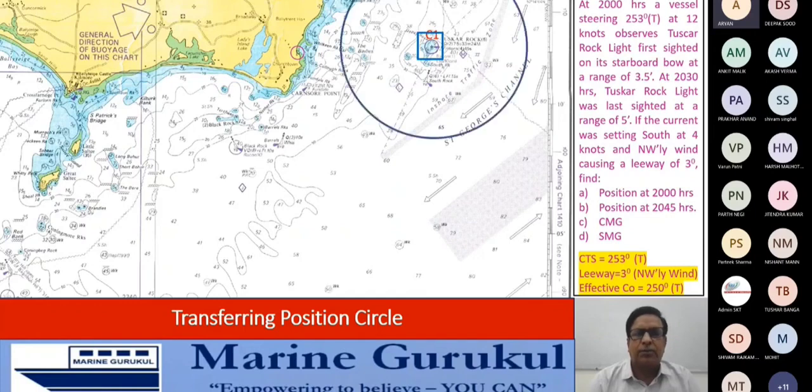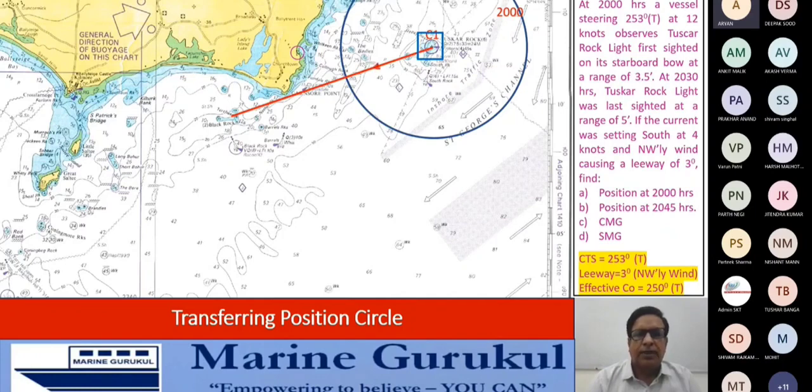We draw this position circle, the blue one. This is the position circle at 2000 hours. Now we have to run this circle up by 30 minutes to transfer it to 2030. That means we'll have to transfer the center C1. So we draw the effective course through C1, represented by a single arrow.